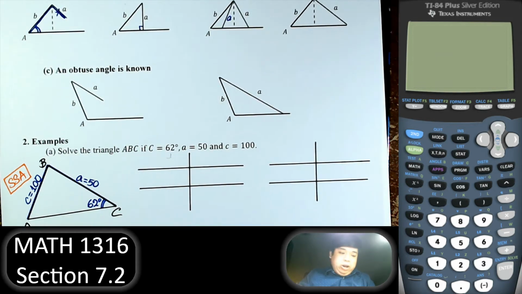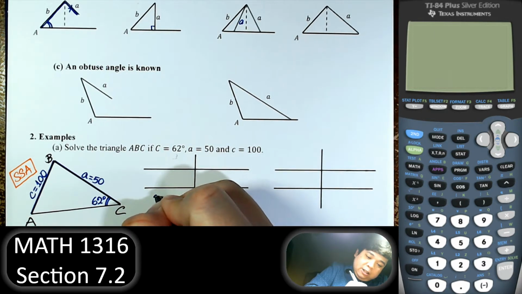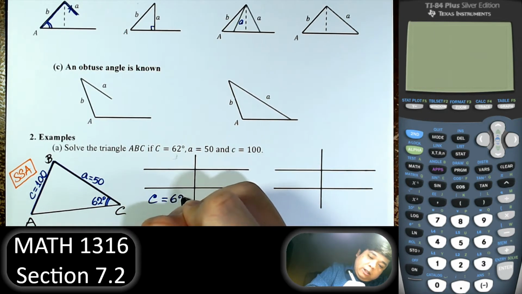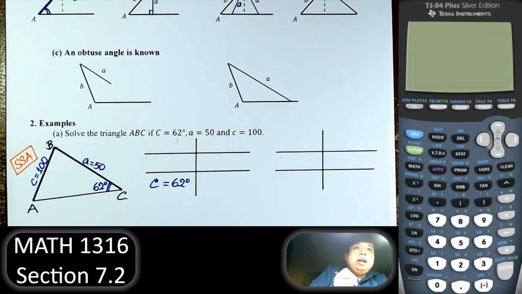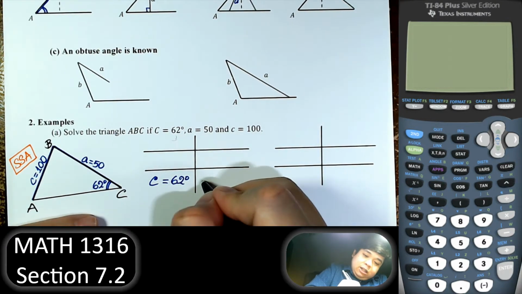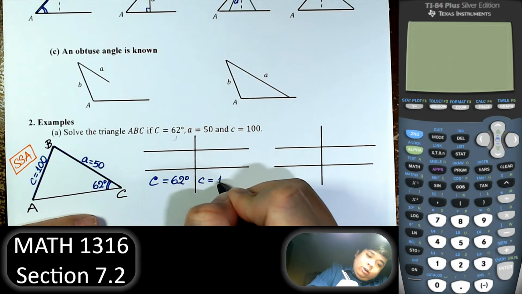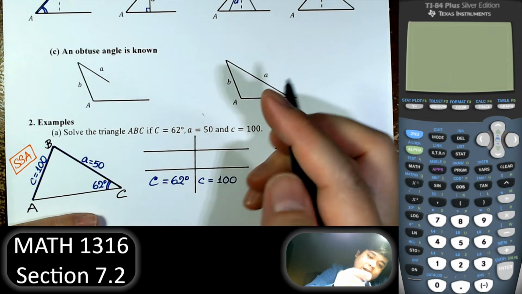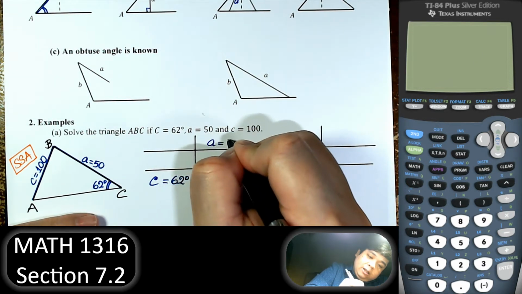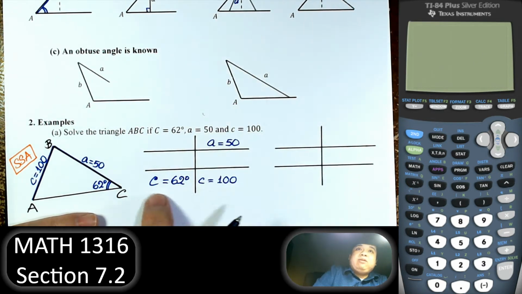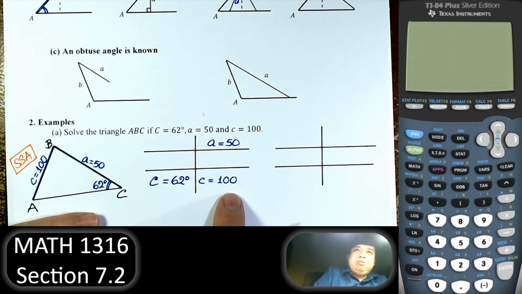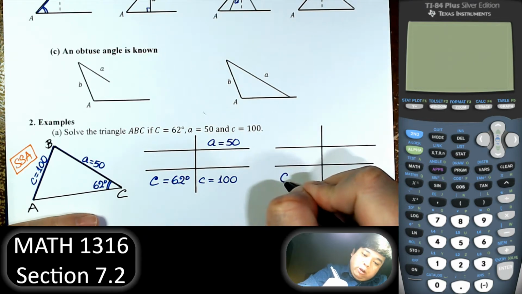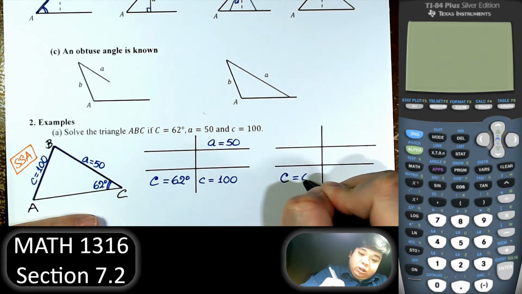Let's put in the information we have. Angle C, 62 degrees. Side c, 100. Side a, 50. Of course, when we have this, that is the law of sines, opposite side and angle. I'm going to do both because potentially we might have two solutions.